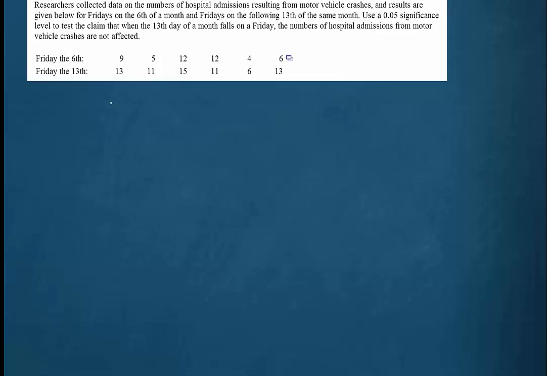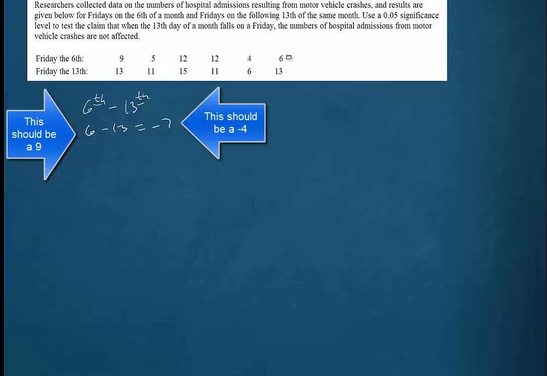This can be oriented whether we do the 6th minus the 13th or the 13th minus the 6th. It doesn't matter. But if we were to find these differences with this orientation, we'd have 6 minus 13, so minus 7, or 5 minus 11, so minus 6, and on out.